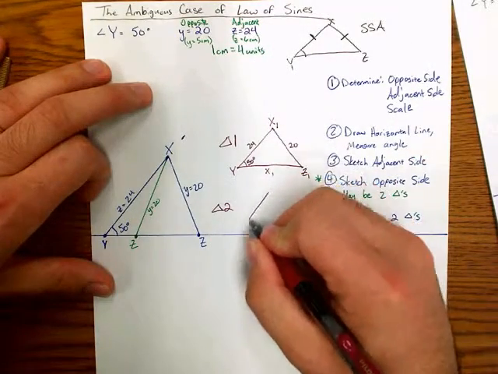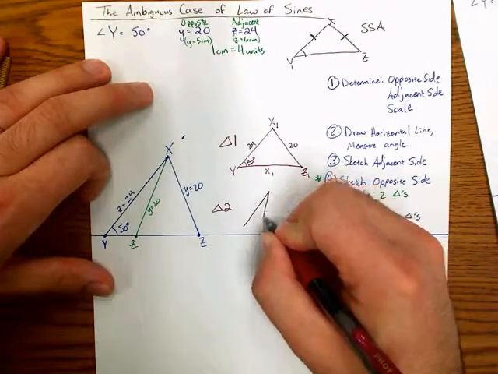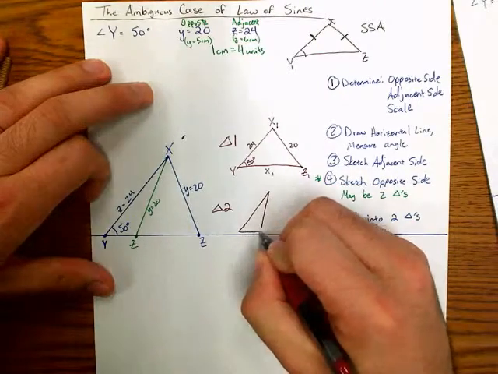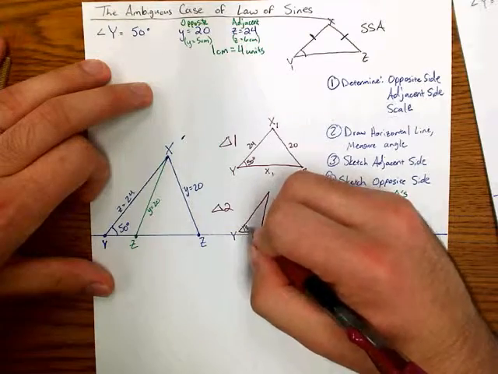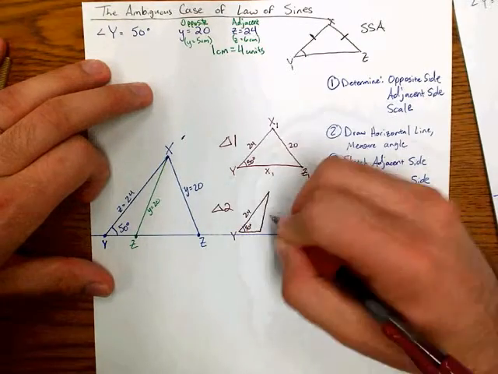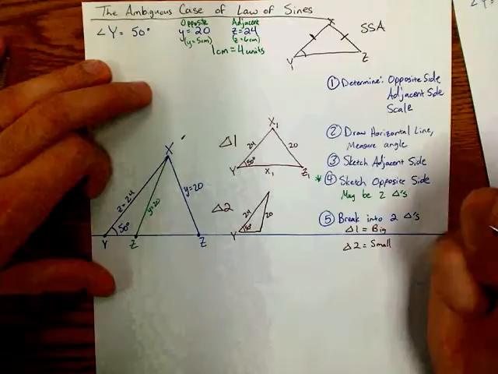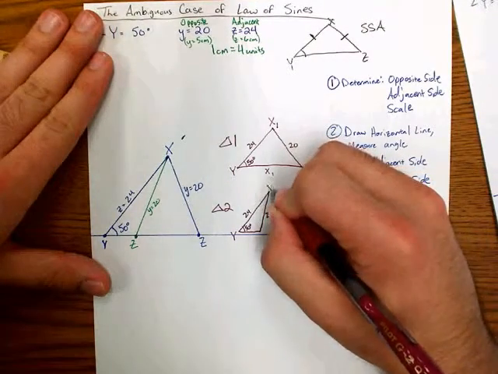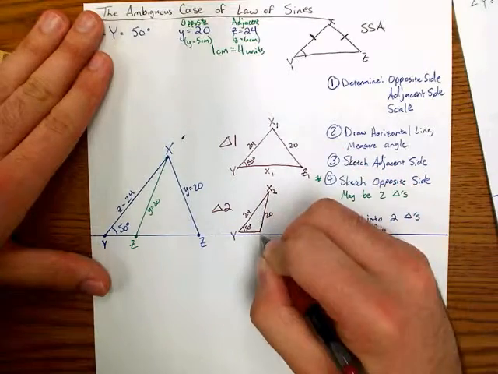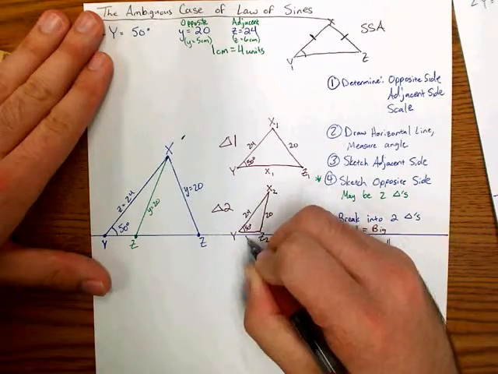Once again, not drawing to scale, but if you wanted to draw them to scale again, you could. That might make it easier for some of you. This is y. That's still 50 degrees. This is still 24, but this is 20. We moved it over a little bit further. This angle here is going to be different. I'm going to call this one x2, which means this will be z2, and this will be x2.